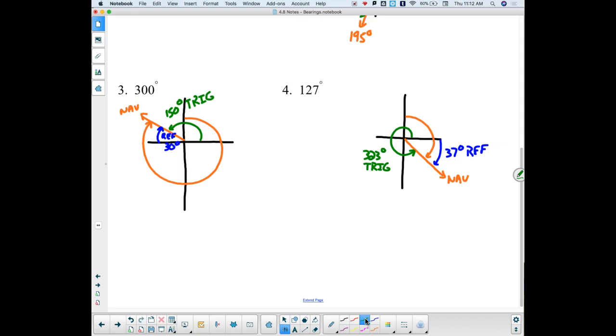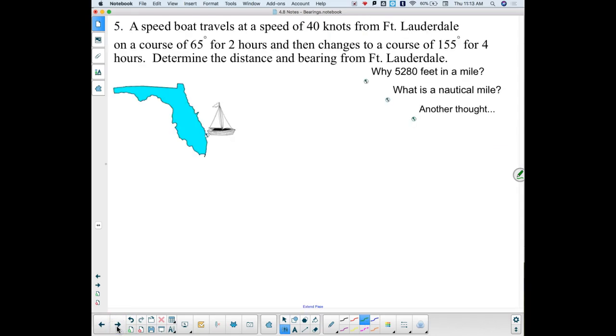Questions on that? The reason that we have to go through naming all those different ones is because we're going to put it to work. We're going to use this stuff. On the next page should be some word problems.